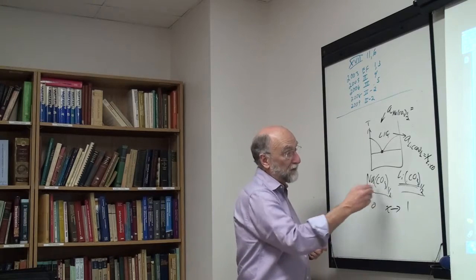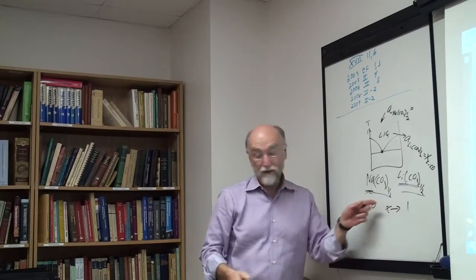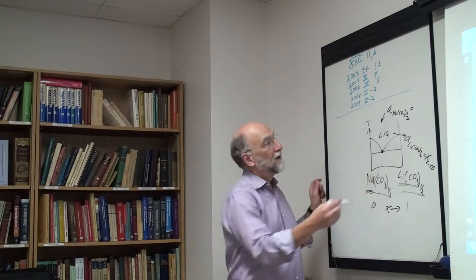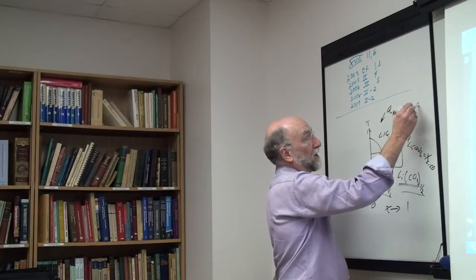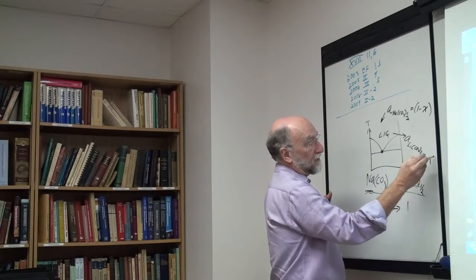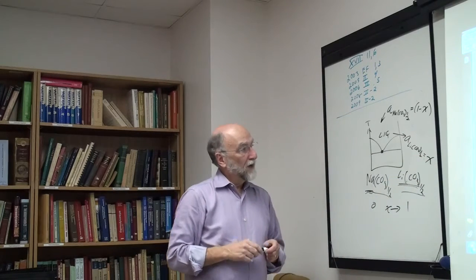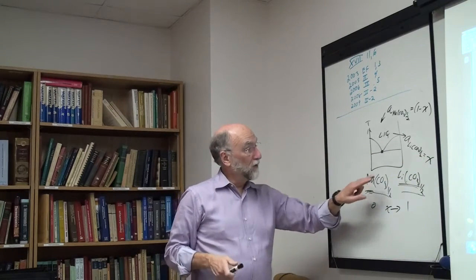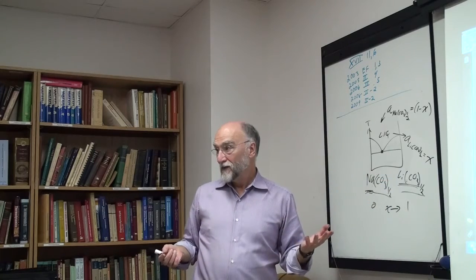You don't change the value of x at any composition by redefining your components. So the activity of sodium carbonate to the 1/2 is still 1 minus x. The activity of lithium carbonate to the 1/2 is x in an ideal solution because you're mixing 1 mole of sodium and 1 mole of lithium.